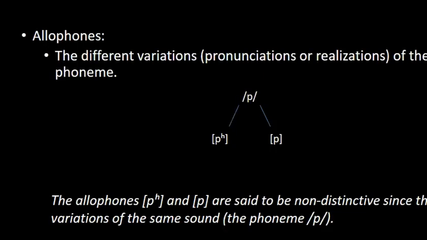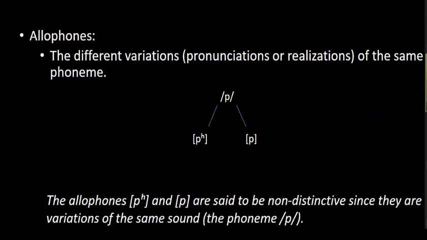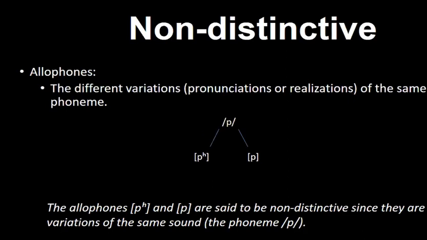In other words, distinctive sounds, regular phonemes. If you change one for the other and the meaning of the word changes, then it is a phoneme. Allophones are non-distinctive, which means it doesn't matter which one you use, you will not change the meaning of a word. So if you're not sure if you're talking about an allophone or a phoneme, just switch one for the other and then see if you come up with a new word, or if you keep the same meaning of the word after you replace those two sounds.